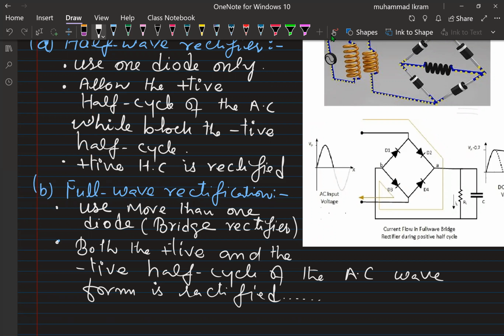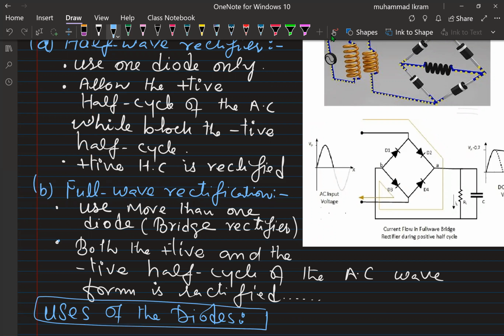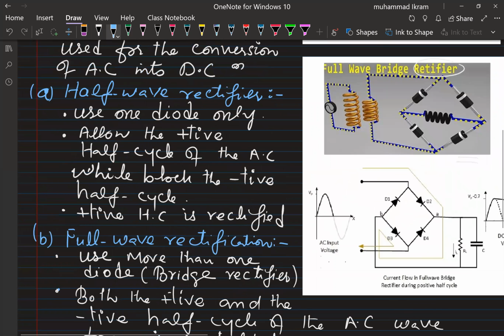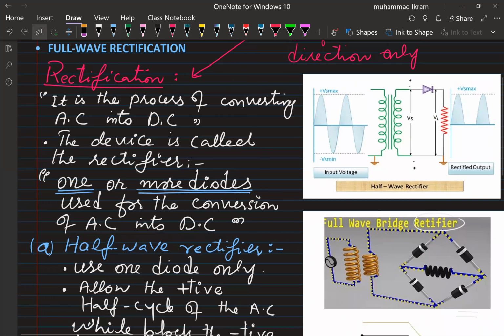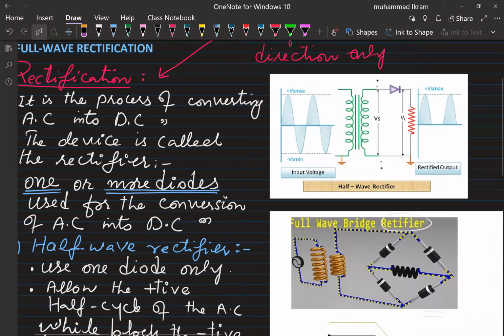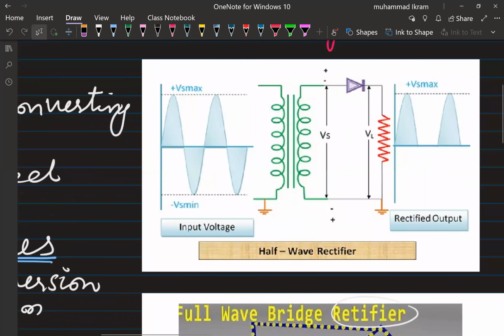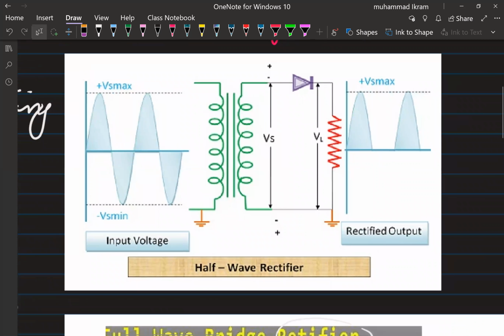Now I will tell you in brief about the uses of the half wave and full wave rectifiers. But let us first see how the diode circuit is constructed. Now let us see in this diagram.